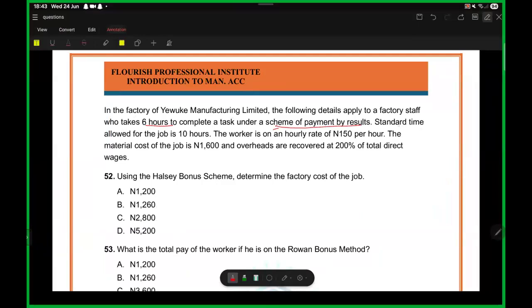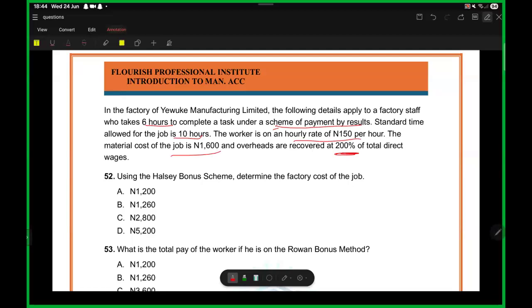Standard time allowed for the job is 10 hours. The worker is on an hourly rate of 150 naira per hour. The material cost for the job is 1,600 naira, and the overheads are recovered at 200% of the total wages.